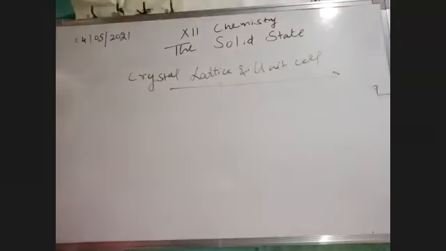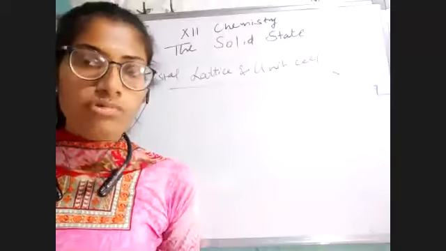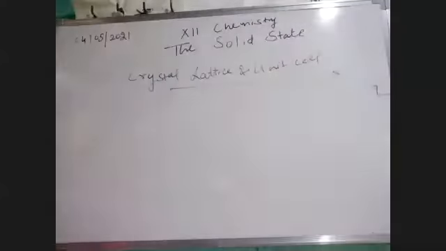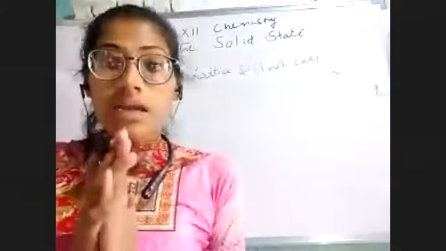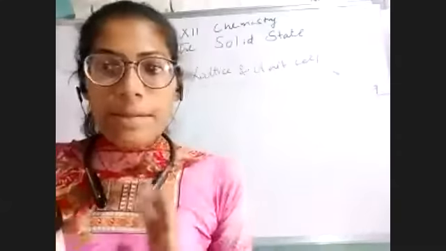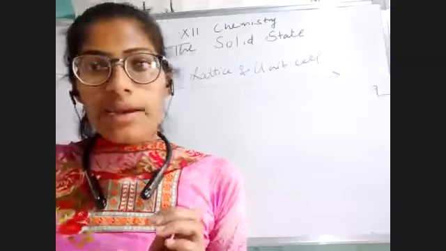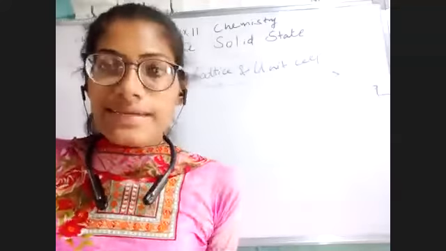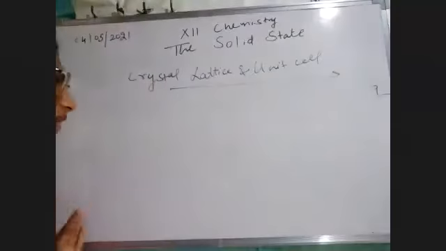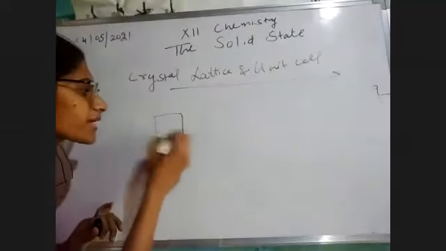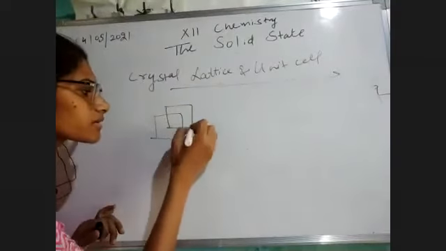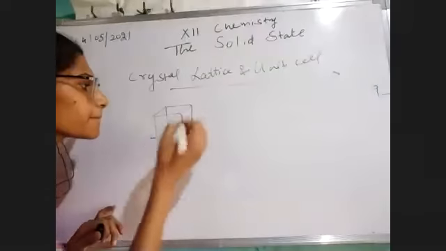For understanding what crystal lattice means, we can explain this. We have already seen that our crystalline solids are made up of a well-ordered arrangement. So crystal lattice basically wants to define this. Let me take an example. Let me show you this diagrammatically.